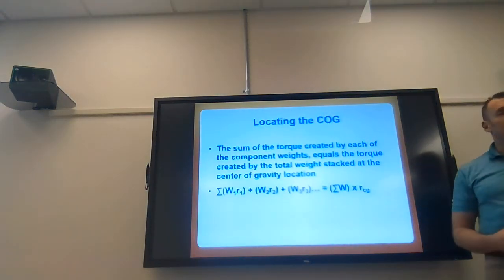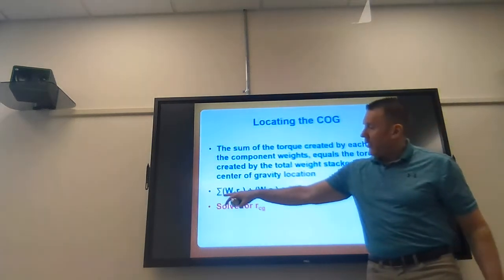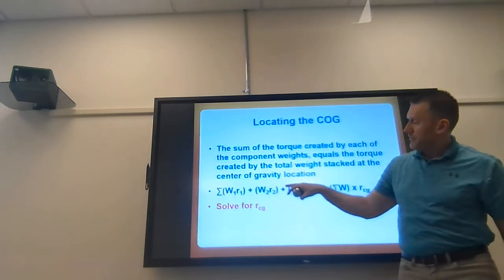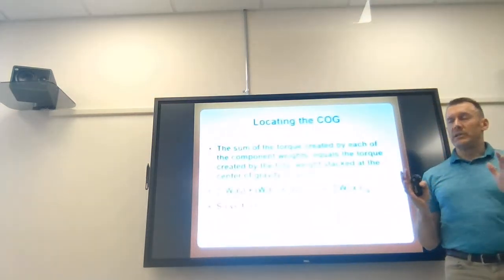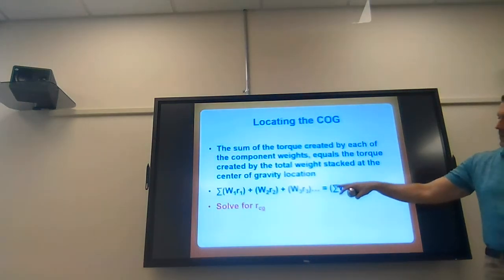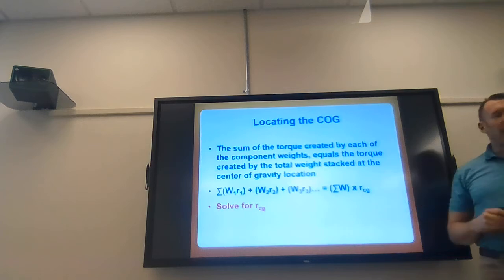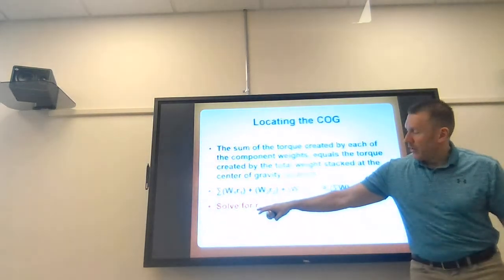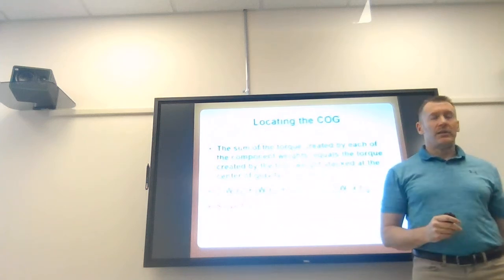So we have this equation where we add up all the individual torques, and if a body or object is in equilibrium, we set that equal to the sum of the weights multiplied by the center of gravity location. So we're solving for R subscript CG for center of gravity.